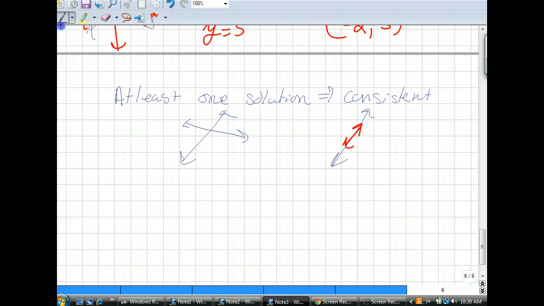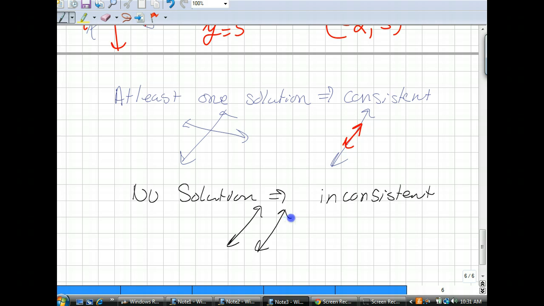The other possibility is that there is no solution. So we would say that it's inconsistent. And that would be the situation if we graph the two lines, they would be parallel lines.